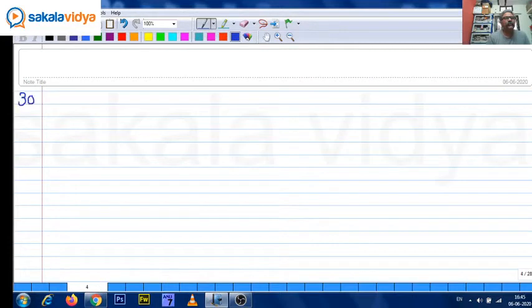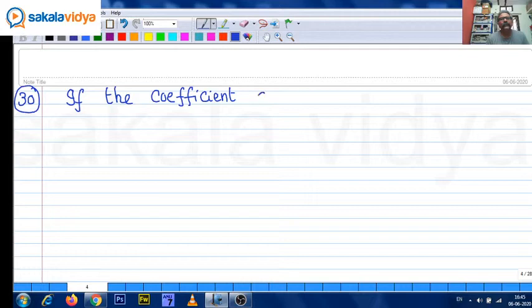Question number 30. If the coefficient of x in x square plus k upon x whole to the power of 5 is 270, then k equals to.